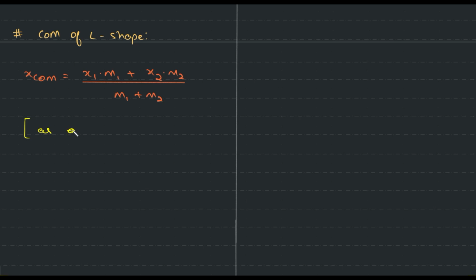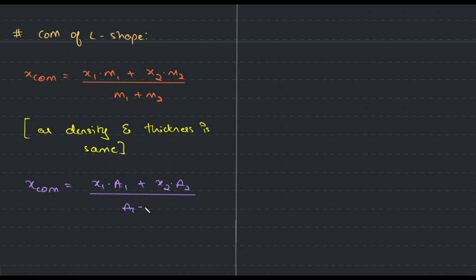As density and thickness are the same, I can directly jump to x1 a1, where a1 is your area, plus x2 a2 divided by the area of this entire structure.